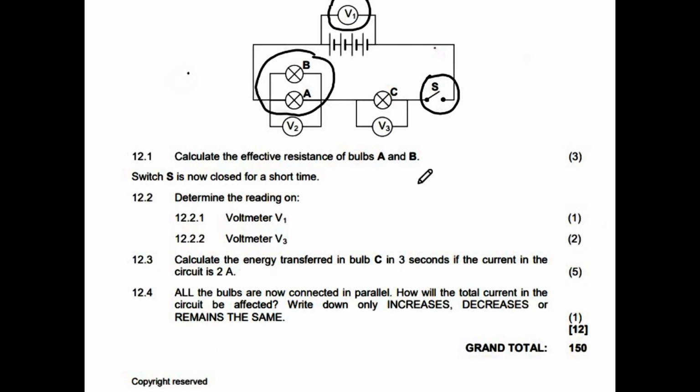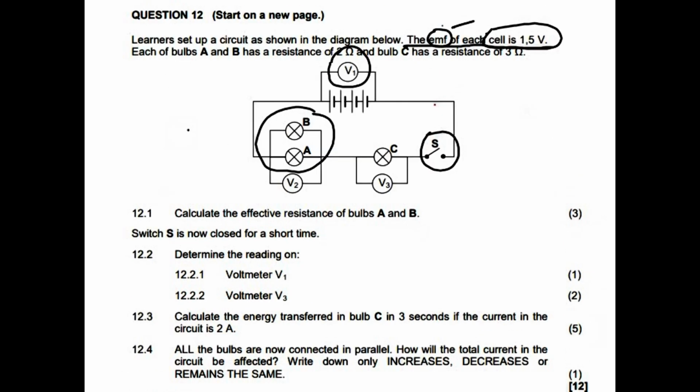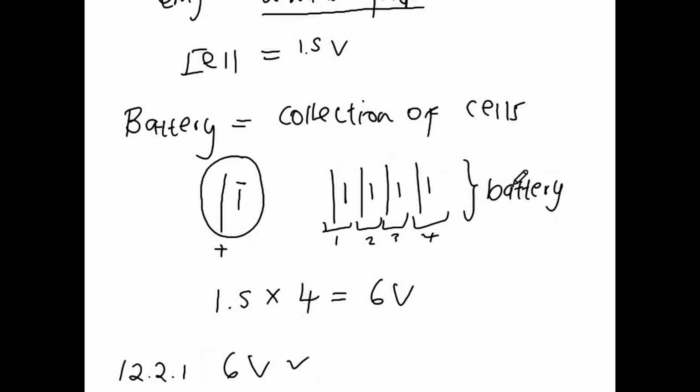Right? So now let's go to question 12.2.2. Before we go there, this means that this voltmeter will measure a potential difference of 6 volts. So from here, we know that V1 equals 6 volts.